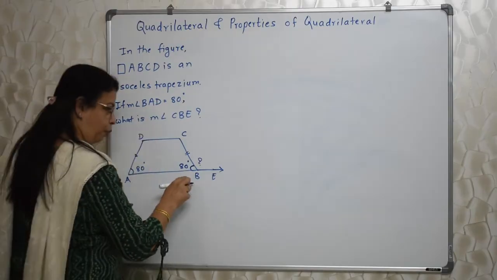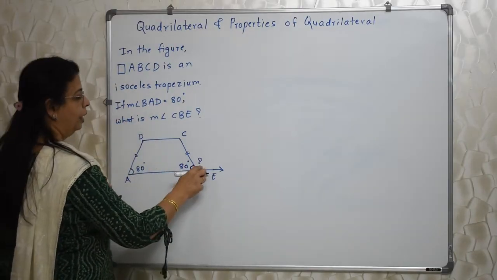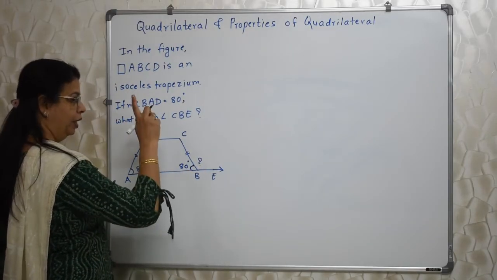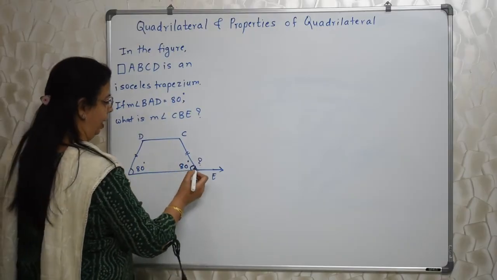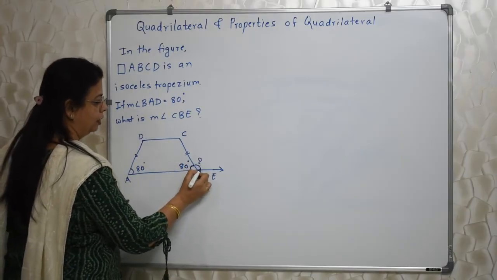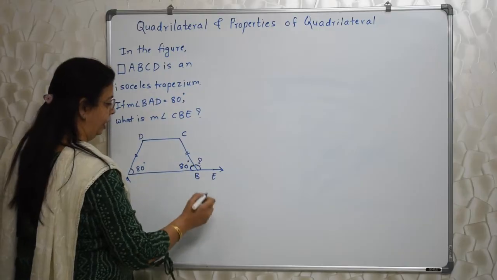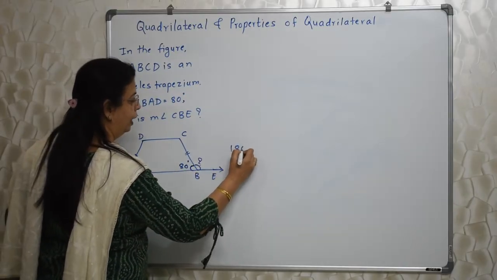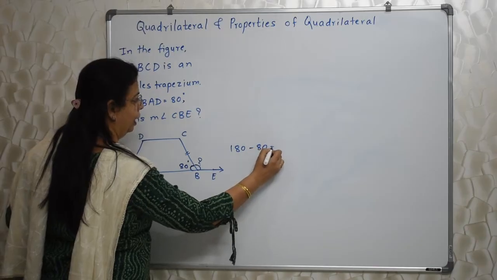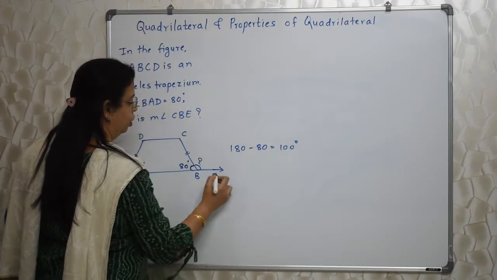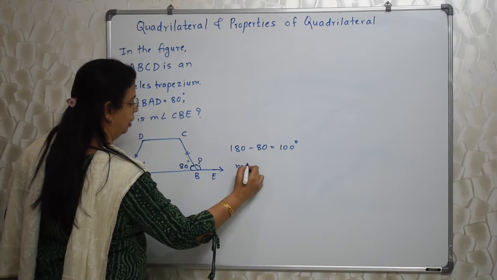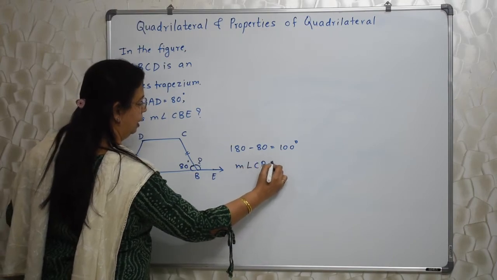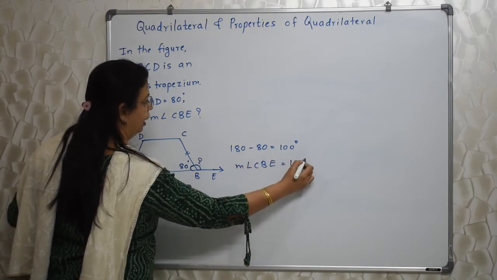Once you know this property, linear pair again, as we did in the earlier sum, this and this addition will be 180. So if this is 80, this will be 180 minus 80, that is 100 degrees. So whatever they have asked, measure of angle CBE is 100 degrees.